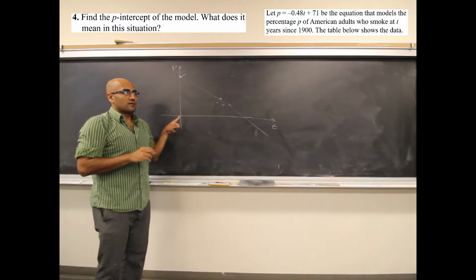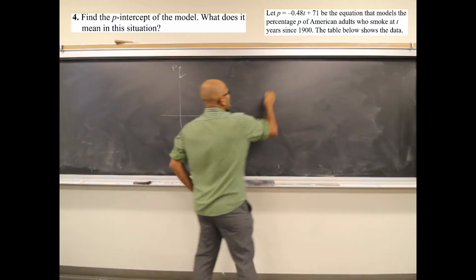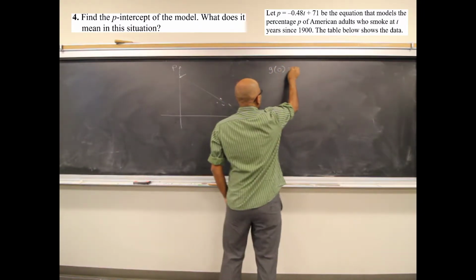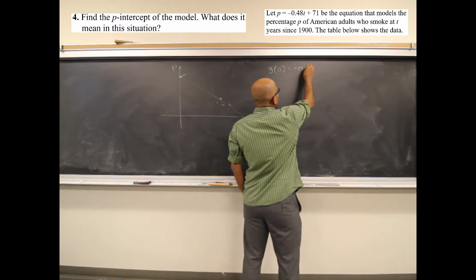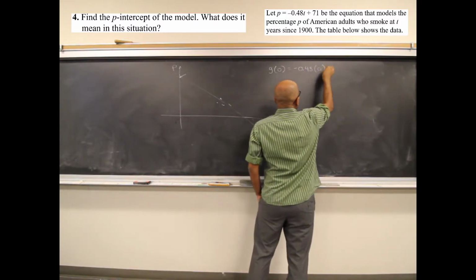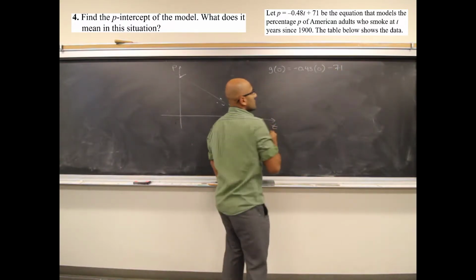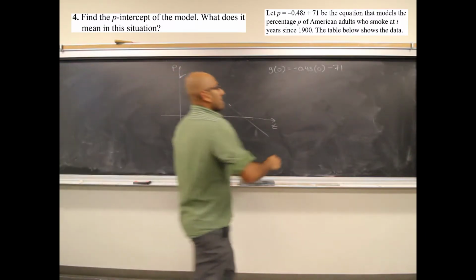First of all, how do we find the p-intercept point? We set t equal to 0. Okay, so we have our equation g of 0 is equal to negative 0.48 times 0 plus 71. Is it minus 71 or plus 71? Oh, plus 71.